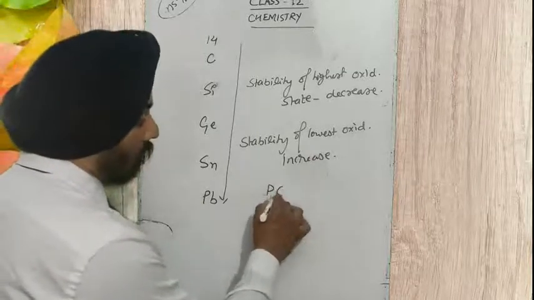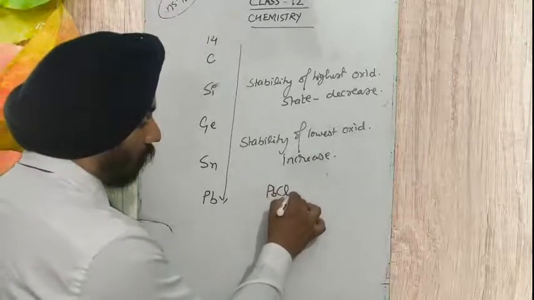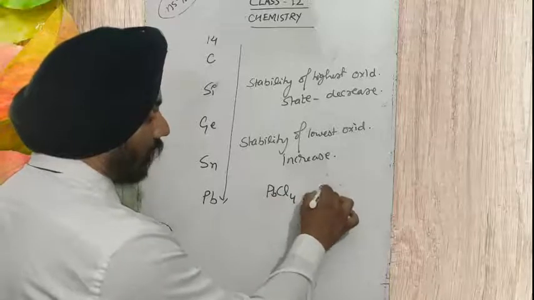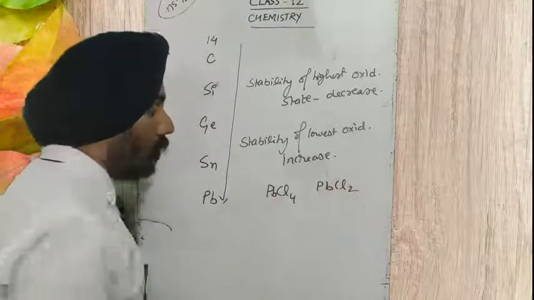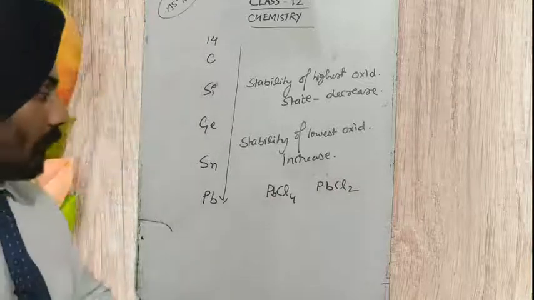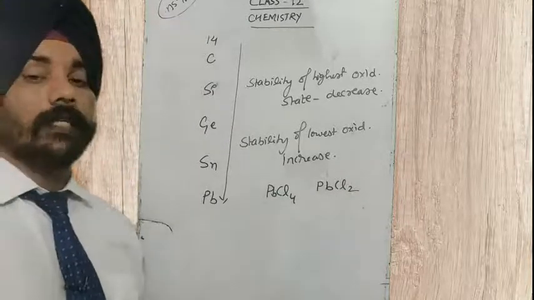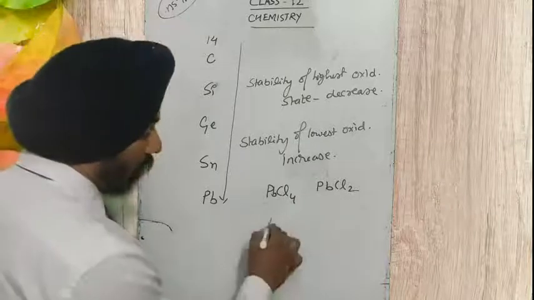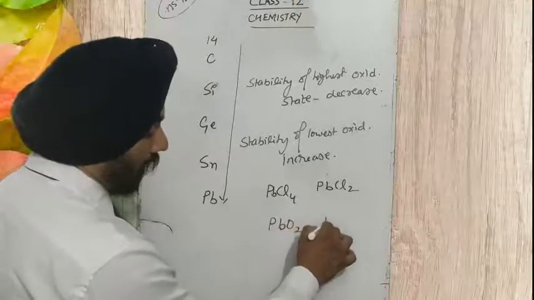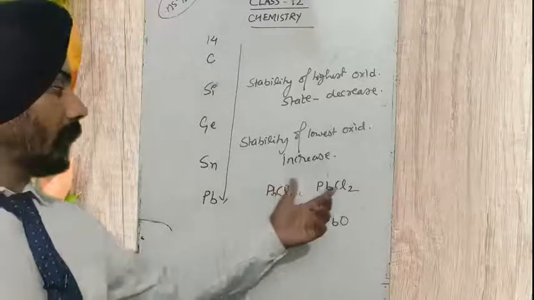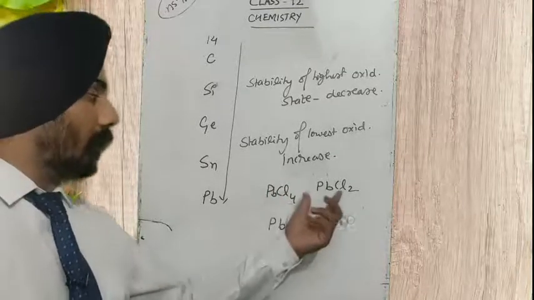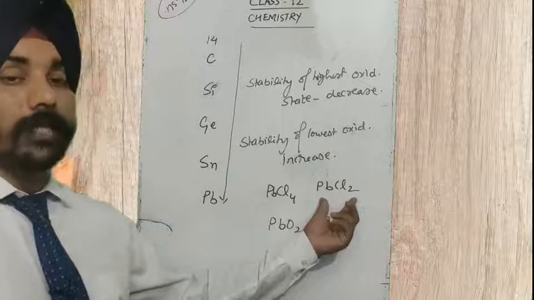Which compound is more stable out of PbCl4 and PbCl2? Both compounds are found in nature. One more example: PbO2 and PbO. Out of these compounds, which is more stable?